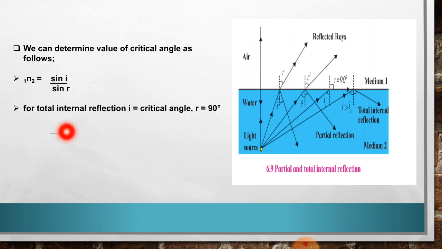So for total internal reflection, I is the critical angle, and R is 90 degrees. So we put this value over here, sin 90 degrees. What do we get? Only sin I, because sin 90 is equal to 1. So we get sin I.